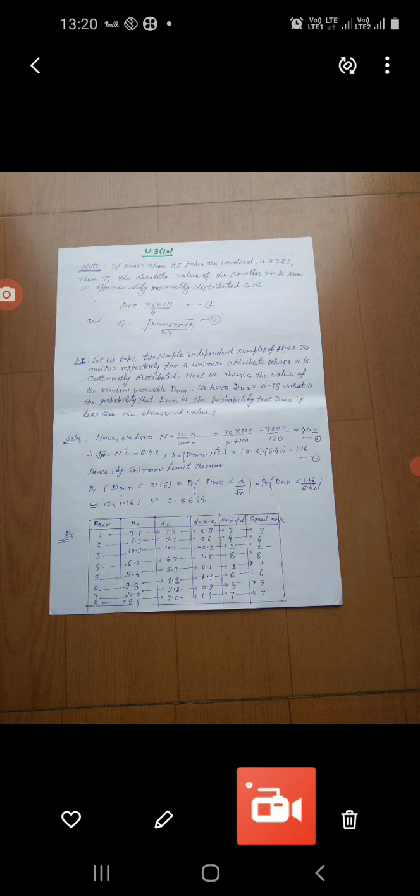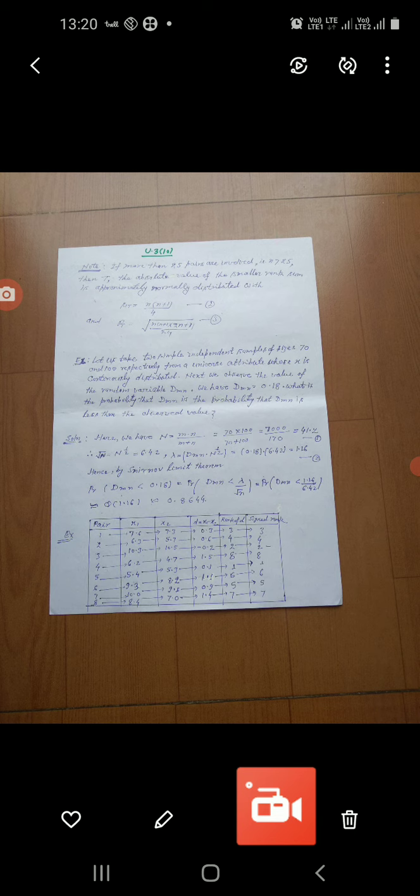Now by the Smirnov limit theorem we have the probability of Dmn less than 0.18, which is equal to the probability of Dmn less than lambda upon under root N, that is 1.16 upon 6.42.